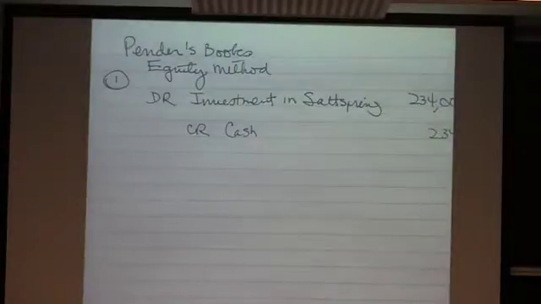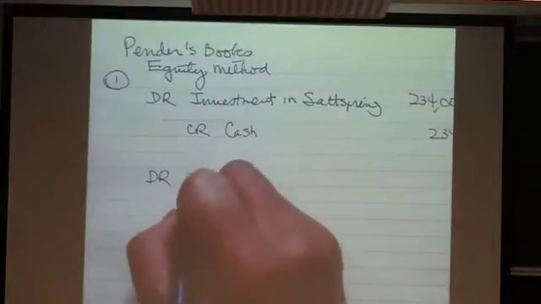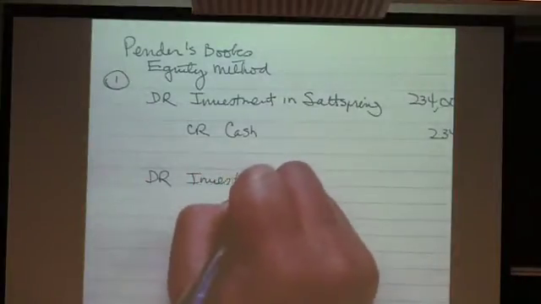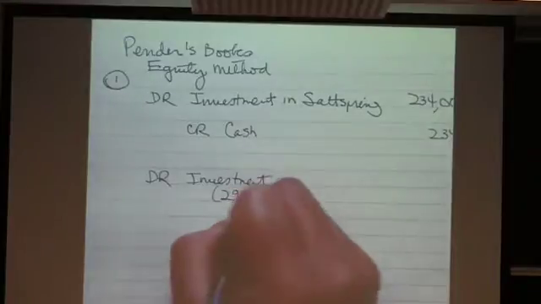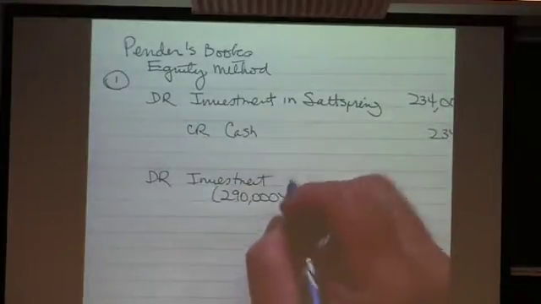Now, Salt Springs reported income of $290,000. So we're going to debit investment. That's $290,000 times 30%.